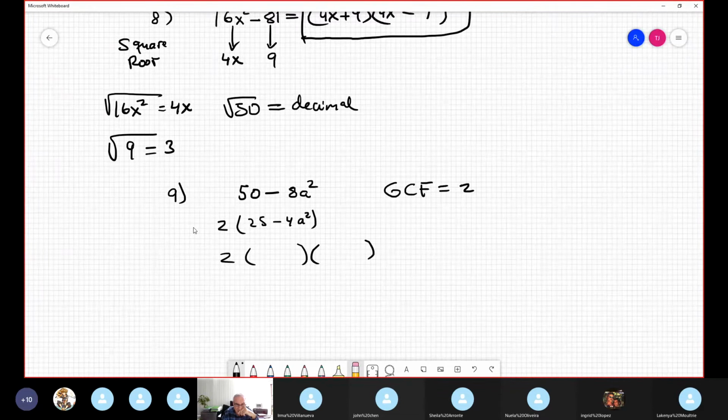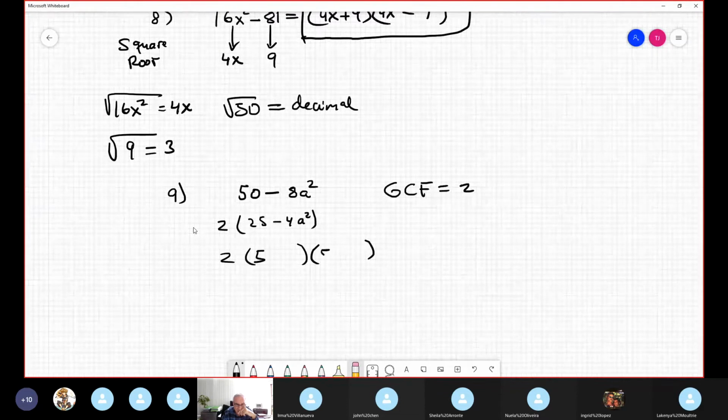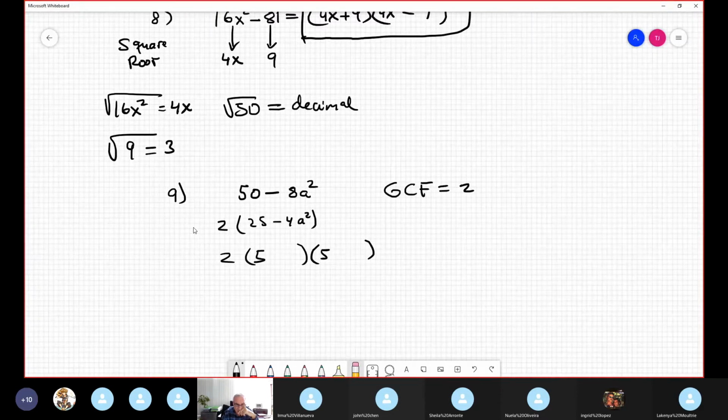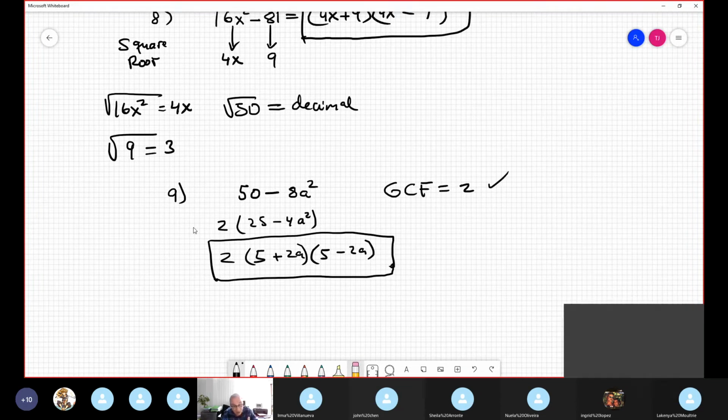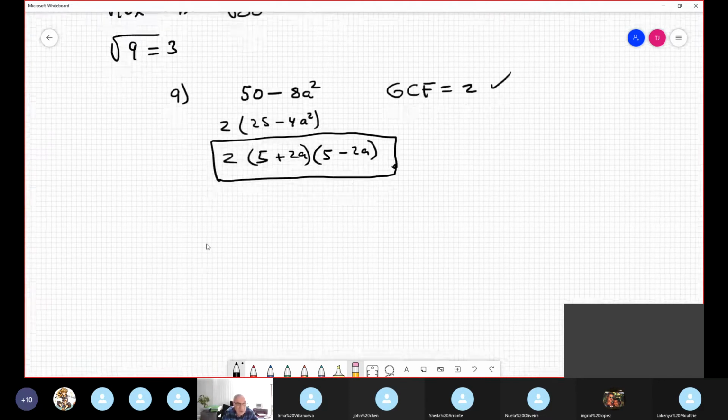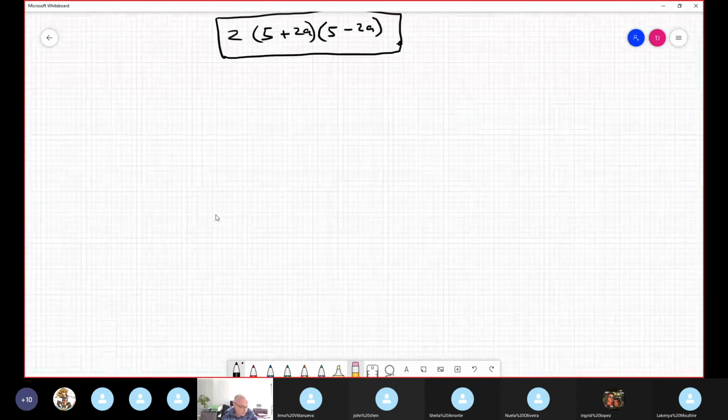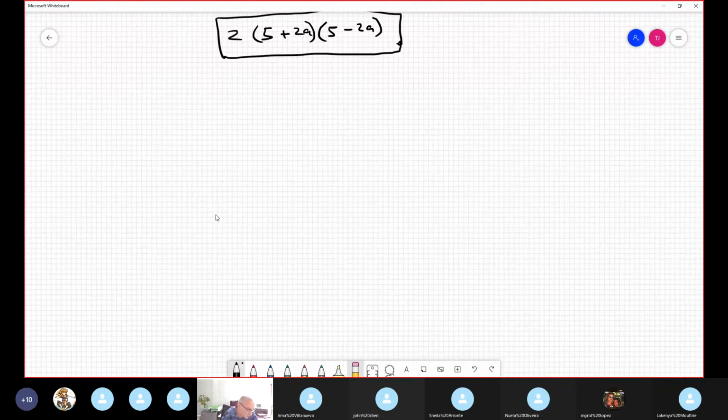The square root of 25 is 5, the square root of 4a squared is 2a, plus or minus. End of the story. But don't forget the GCF first. This is extremely important. And frequently, I see every day some people, some tutors, forget the GCF first.